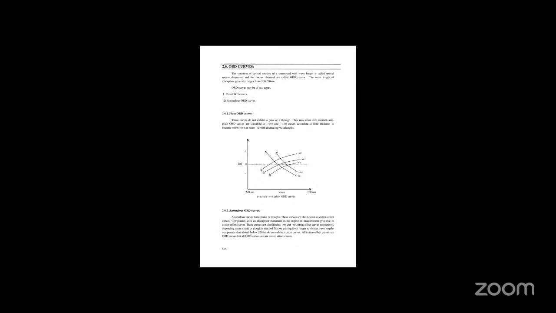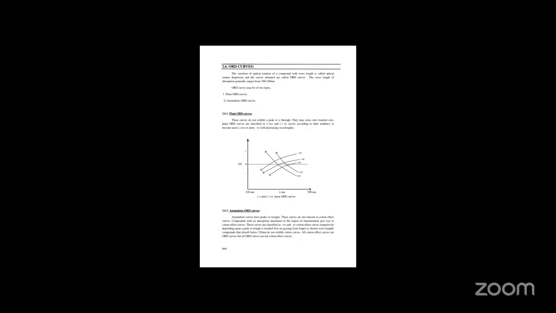The plain curves do not exhibit a peak or trough. They may cross the zero rotation axis. These are of two types again, plus and minus. Anomalous curves have peaks and troughs.